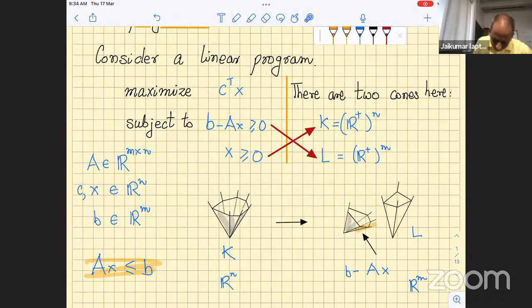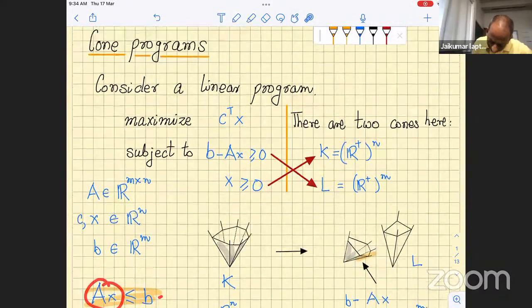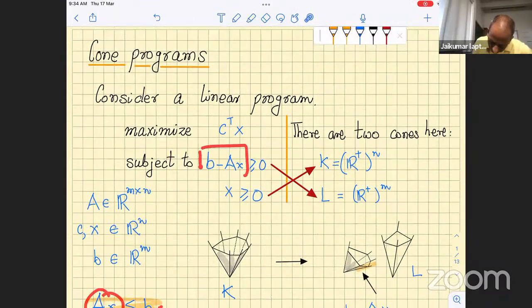We usually write AX less than or equal to B, but if you take this AX to the other side, you get this. Another useful way of thinking about it is that B minus AX is the vector of slack values, for each equation. And what we are saying is that the slack values better be greater than or equal to 0.